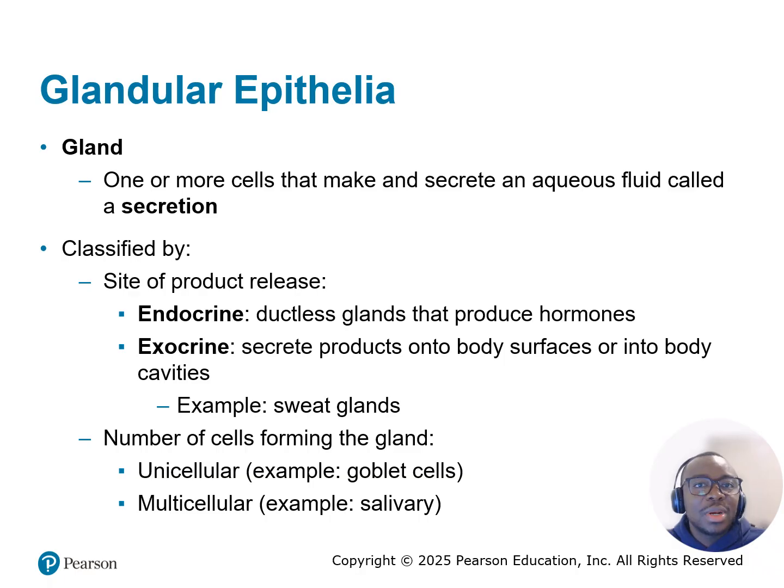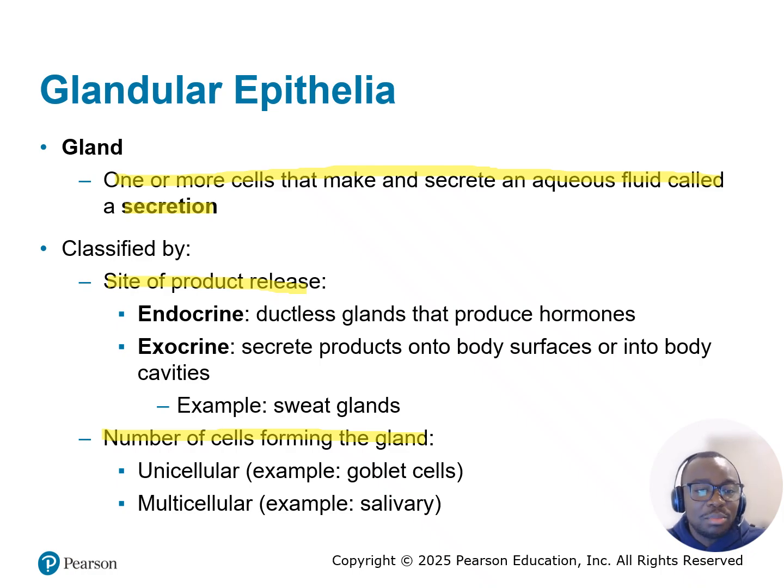Next, we will review glandular epithelium. Glandular epithelium forms glands of the body. A gland is one or more cells that make and secrete an aqueous fluid called a secretion. They can be classified based on the site of product release and number of cells forming the gland.